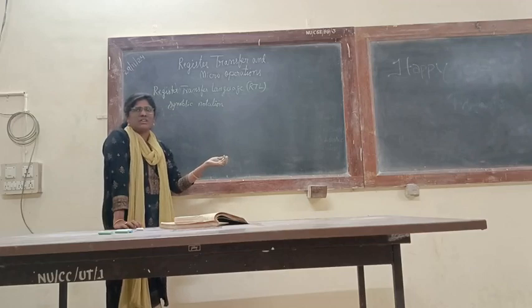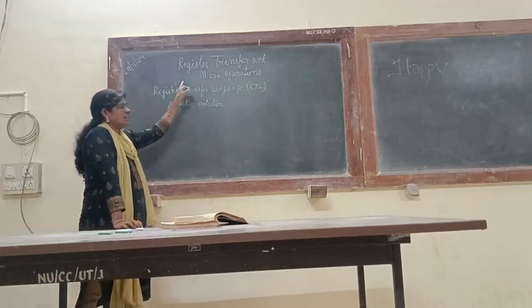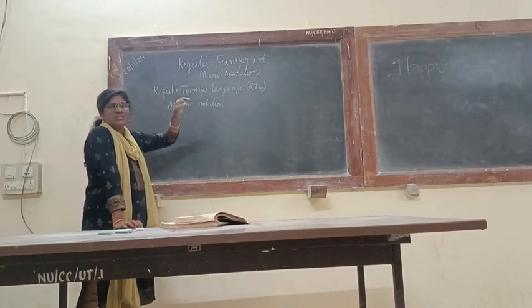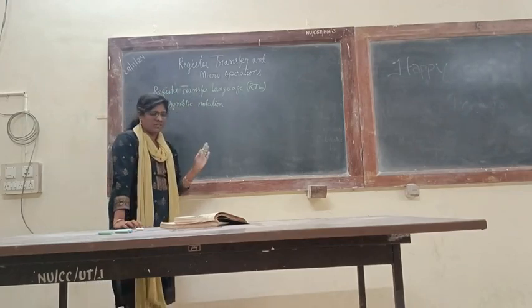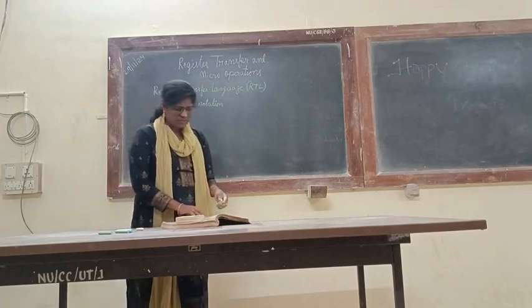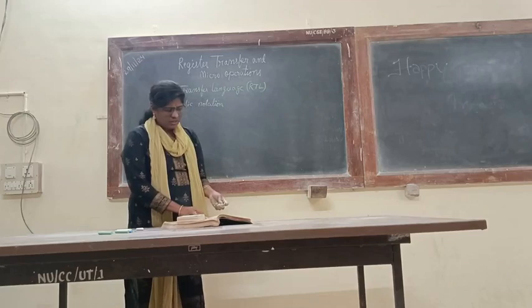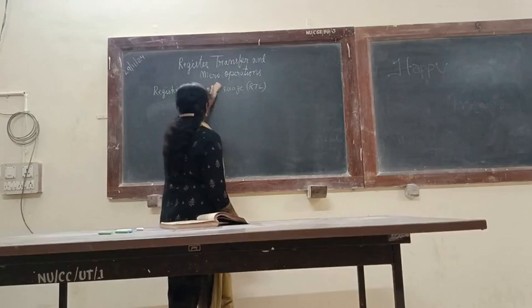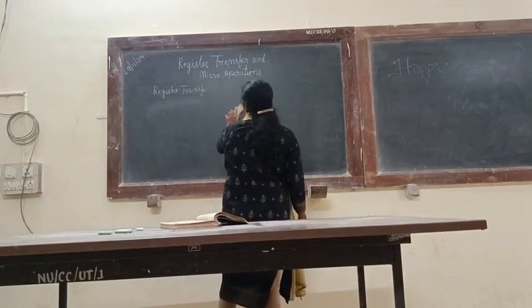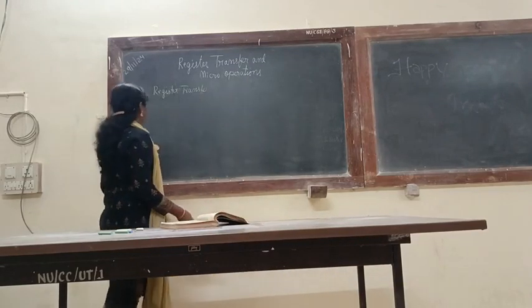Similarly in this RTL, the operations are described with some symbolic notation. We will see what these are. Now, what is the register transfer? First we will see up to this point, next we will go for the language.